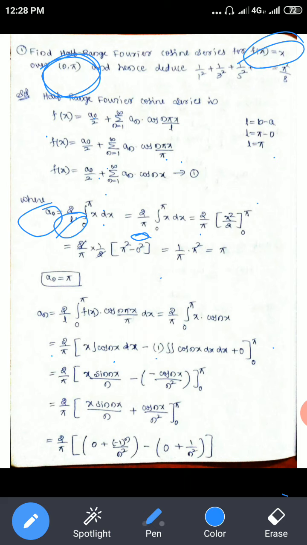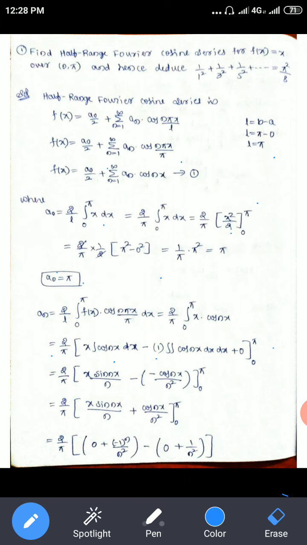So next, 2 by pi, this 2 by pi you carry it. This 1 by 2 you take out. So upper limit pi square minus 0 square, upper limit minus lower limit. So pi square minus 0 square. So therefore what happens is that 2 gets cancelled.